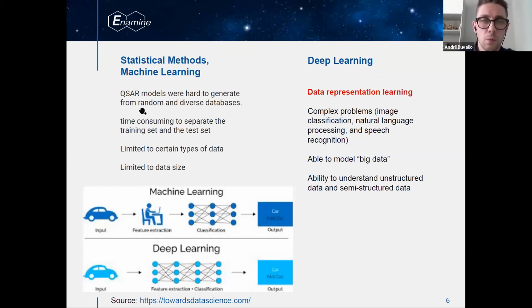First of all, much as computational quantitative structure-activity relationship models are useful and have been useful, they still have a pretty time-consuming stage to separate the training set and test set. Certainly they have limits regarding the size of data they can use.